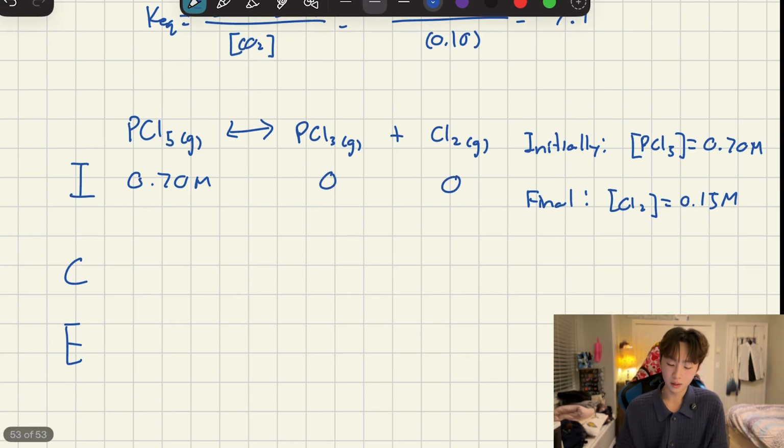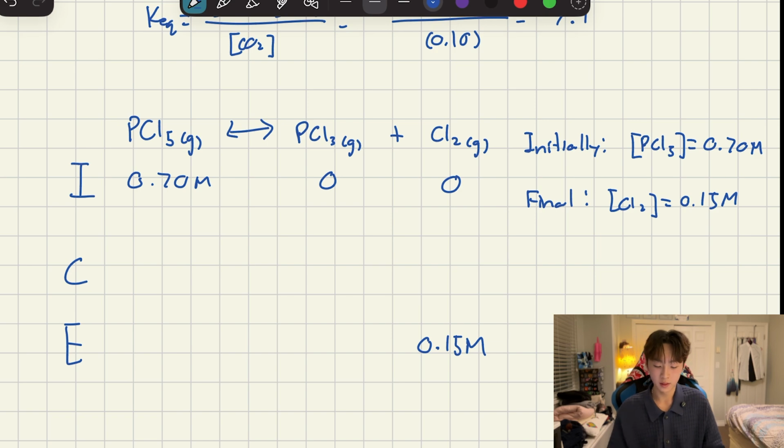The change, we don't know yet. But what we do know is that at the very end, once equilibrium is established, we have 0.15 molar of Cl2. And now we can find the change because we went from 0 molar of Cl2 to 0.15 molar. So I'm going to write plus 0.15 there.